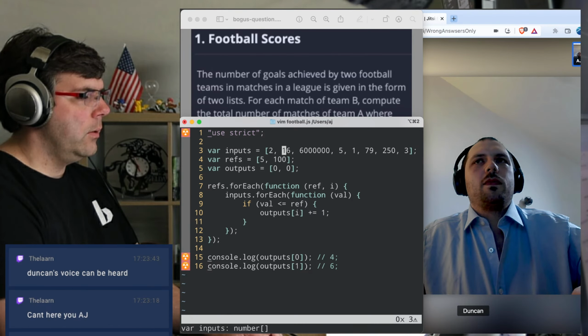A minus B, ascending order. Unless I did mine all wrong, which is possible, but I'm pretty sure. Yeah, I'm pretty sure it's ascending order because I did it the other way around first.